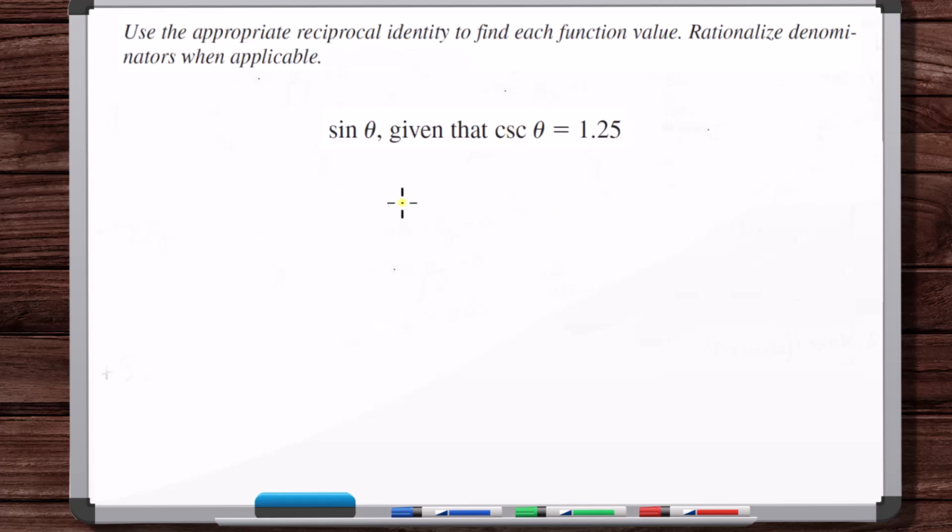Okay, cosecant and sine are reciprocals, so if we know that cosecant is 1.25, then sine is going to be 1/1.25. What is 1.25? That's 1 1/4, that's 5/4. So this is 5/4. Therefore, sine theta is 4/5.